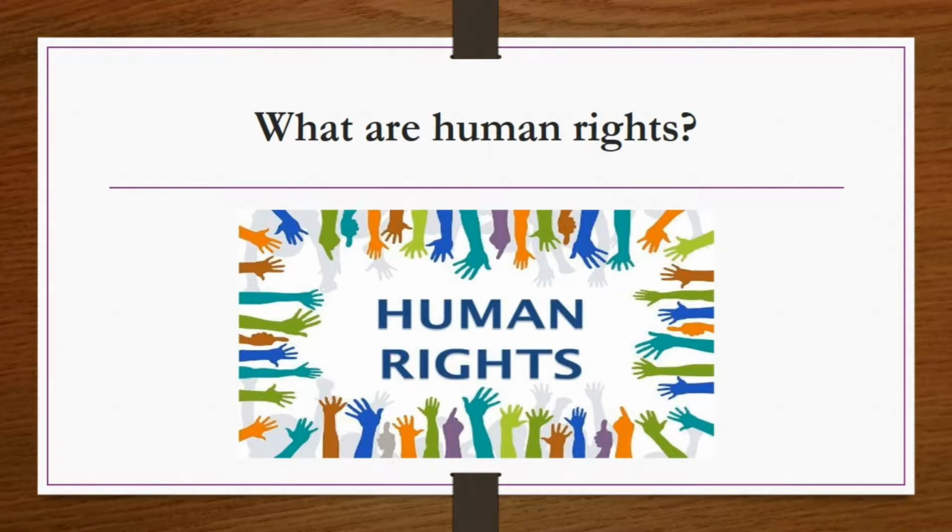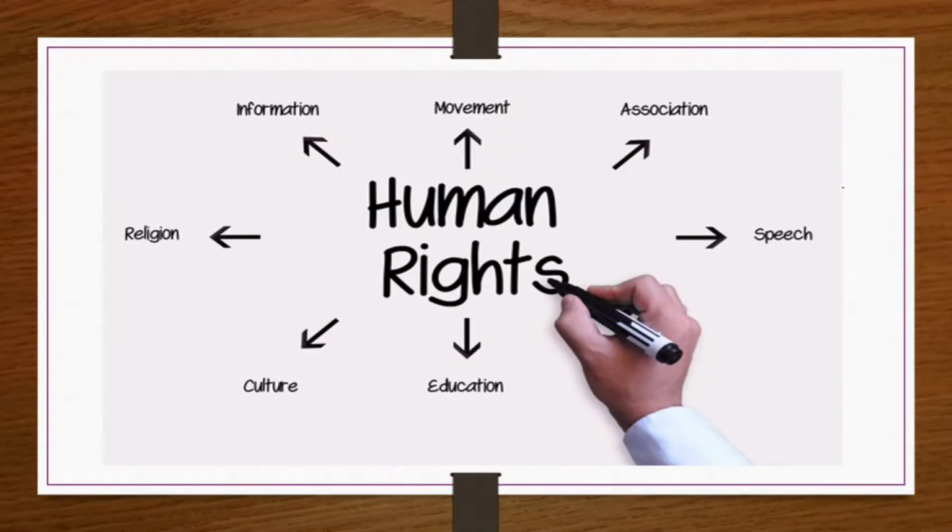And these human rights are based on values such as dignity, fairness, equality, respect, independence, and are defined and protected by law. These rights include freedom of speech, freedom of expression, freedom from slavery and torture, and many more.